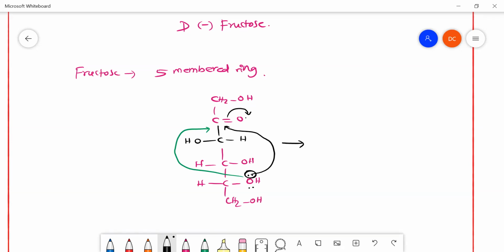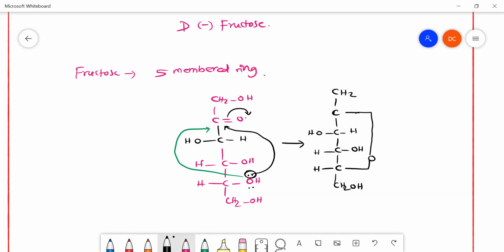That entire group will be attached to this. So here CH2, then C double bond O. Instead of C double bond O, I can write like this, C single bond O. Single bond O, and here CHOH. Here COH, H. The fifth carbon C, and here H. Here CH2OH.